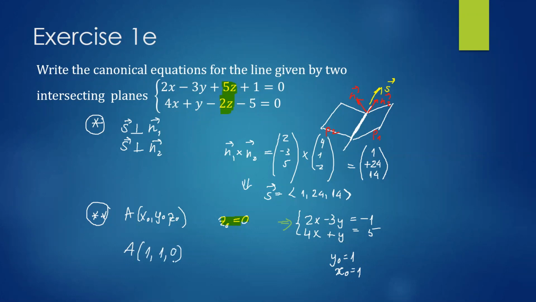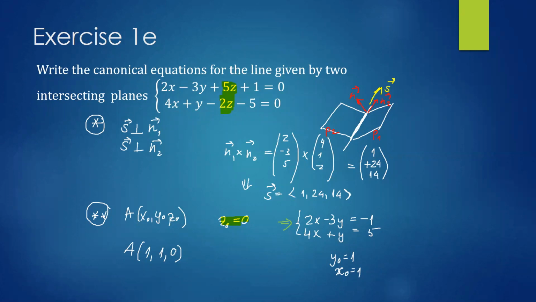For example, as I said, you may choose any other variable, any value you like. Only if you choose some non-zero values, the equations become a little bit more complicated, a little bit more difficult to solve than this system that we had. But choosing x equal to 0, why not? If you choose x equal to 0, you would still be able to find some value for y and some value for z.